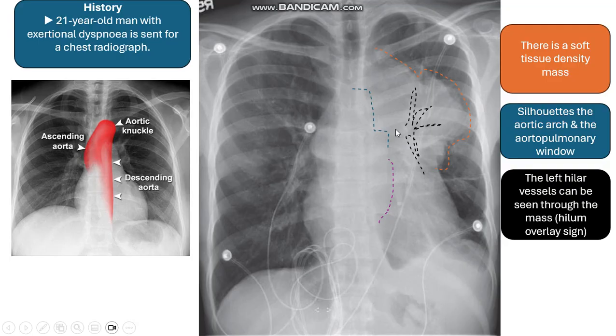It's not a middle mediastinal mass because it is not silhouetting or obscuring the hilar vascularity. It is not a posterior mediastinal mass because it's not obscuring the descending aorta or the paravertebral lines.